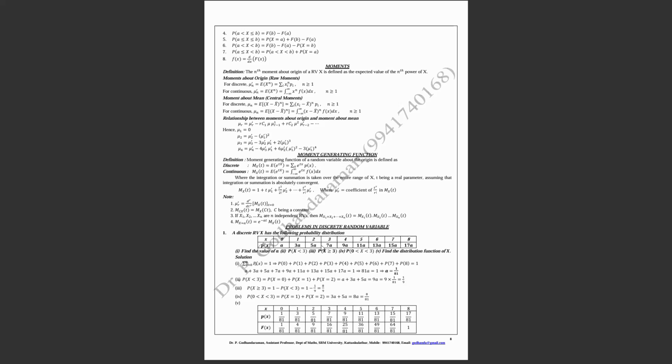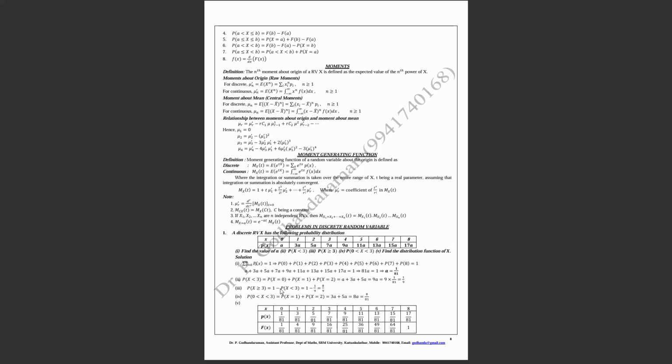And coming to the third solution, p of x greater than or equal to 3. How many values are there? X greater than or equal to 3 means 3 and more than 3. So here x is equal to 3 plus x equal to 4 plus x equal to 5 plus 6, 7 and 8. This is the first method to solve x greater than or equal to 3, that is, 3 to 8.